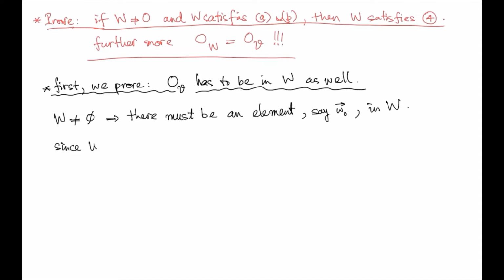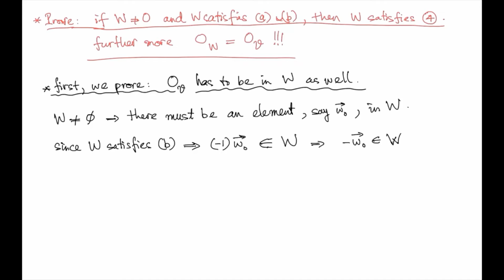Now, because W satisfies property B, which says that it is closed under the scalar multiplication, this implies that -1 times W0 is inside W. In other words, the negative vector of W0 is inside the subset capital W. We have already had some homework assignment proving that -1 times a vector is going to be the opposite of that vector.